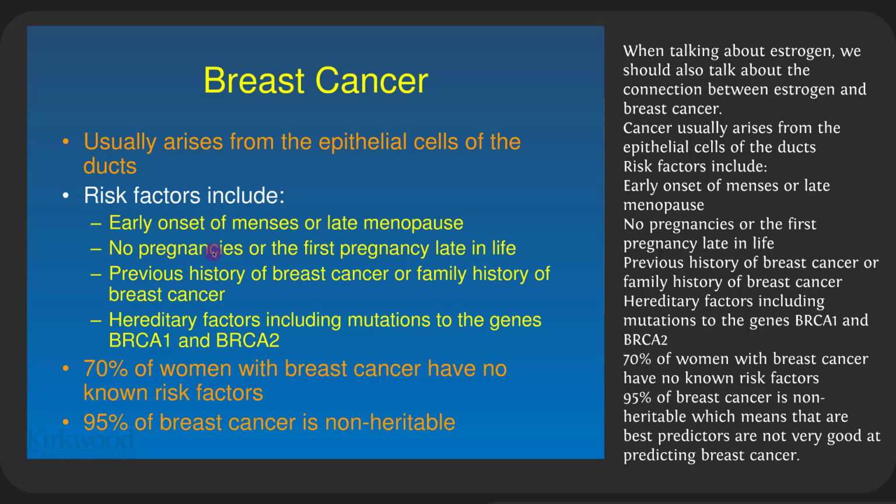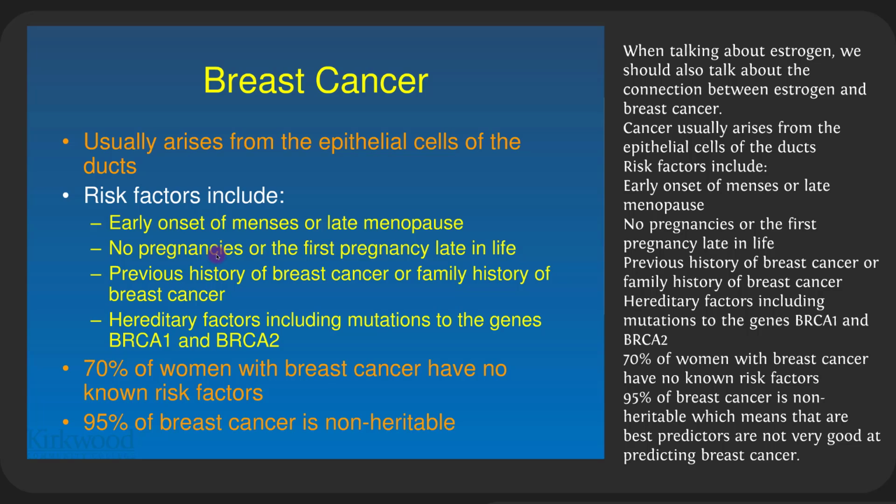And progesterone levels rise considerably during pregnancy and offset what are also increasing levels of estrogen. So the fact that there's more progesterone during pregnancy to protect you from the estrogen is why pregnancies are thought to influence breast cancer. Previous history of breast cancer, hereditary factors like BRCA1 and BRCA2.